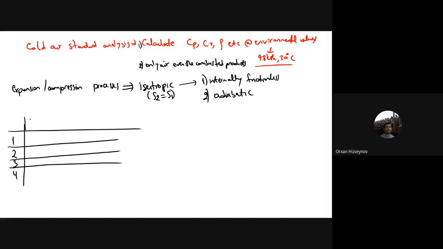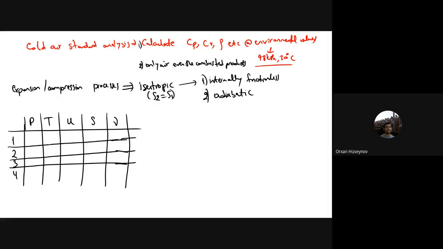What we need is the pressure value, the temperature value, or the internal energy, the entropy value, etc. These are the required values. And also you can need the specific volume.